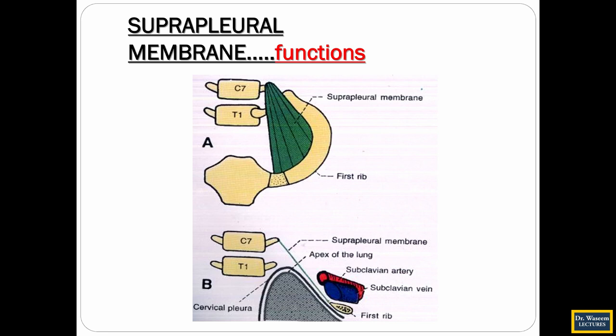Floor has been formed by the partition that is called the diaphragm, and roof has been formed by 2 small tents, leaving the gap in the middle, that were the suprapleural membranes. At the same time we discussed some structures inside like endothoracic fascia, and parietal pleura as well. This was your class today.